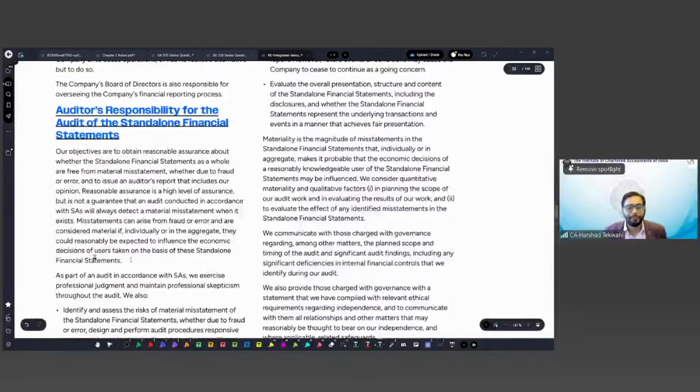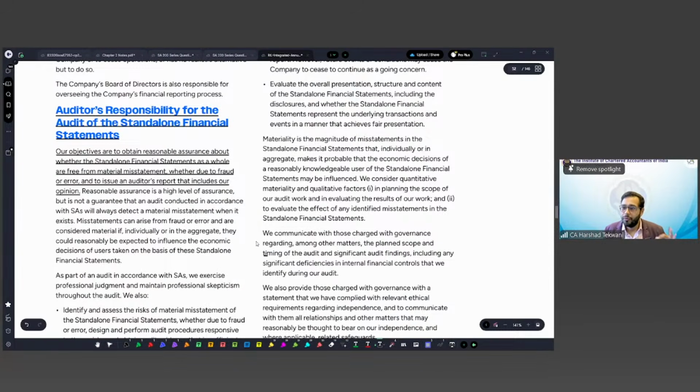For example, we will just read first of all what is written. Our objectives are to obtain reasonable assurance about whether standalone financial statements as a whole are free from material misstatement, whether due to fraud or error, and to issue an auditor's report that includes our opinion.